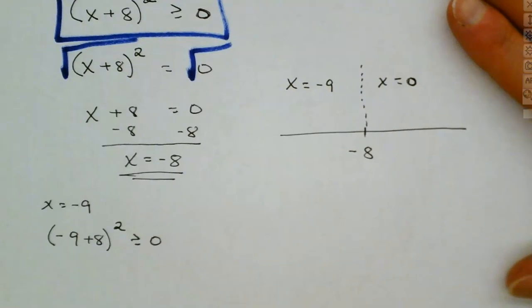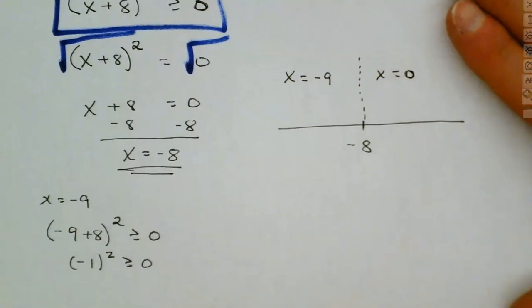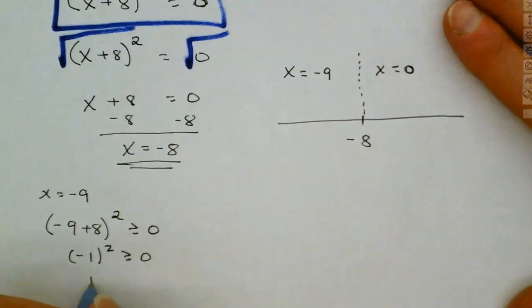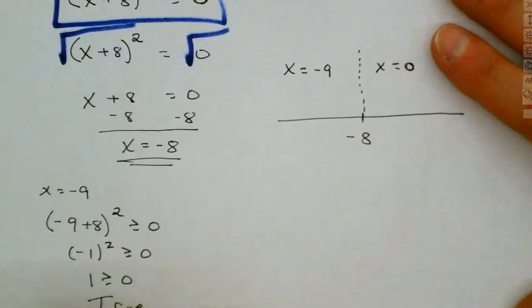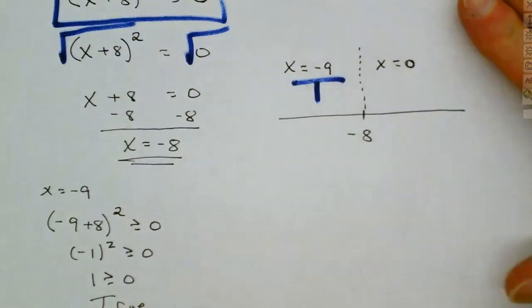And that gives me a minus 1 squared. But what happens when you square negative 1? Positive. And is 1 greater than or equal to 0? Yes. So that would make that then true. Okay, so this half is true. Check the other side.